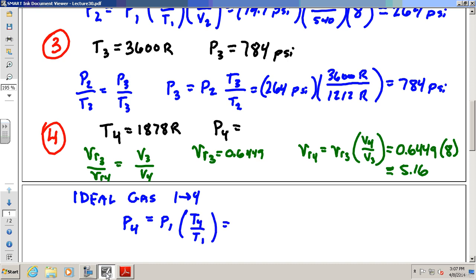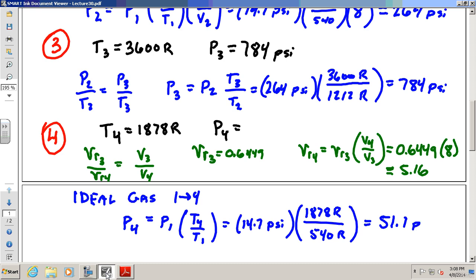P1 is just 14.7 psi, the initial pressure. T4 is 1878 Rankine, and T1 is 540 Rankine. Put that in your calculator and you get about 51.1 psi. So we've got all our temperatures and pressures.